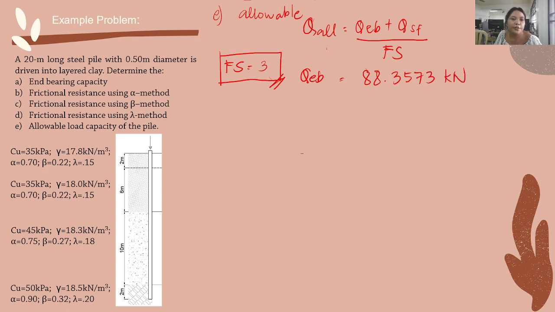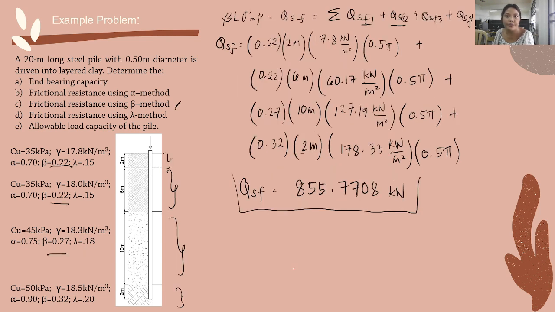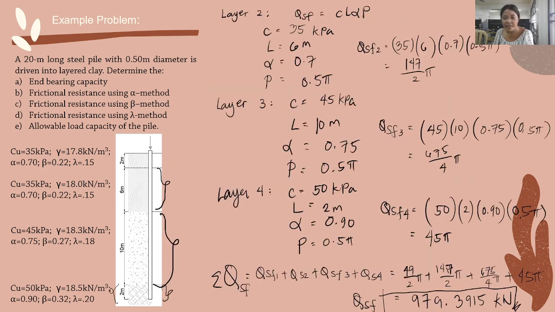Ngayon, dahil nag-investigate tayo 3 beses dito using alpha, beta, saka delta method, alin kaya ang pwede nating gamitin? Is it 1,014.3684? Is it 855.77? Or yung kanina na 979.3915?